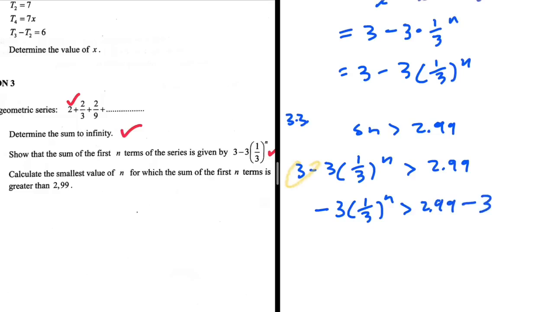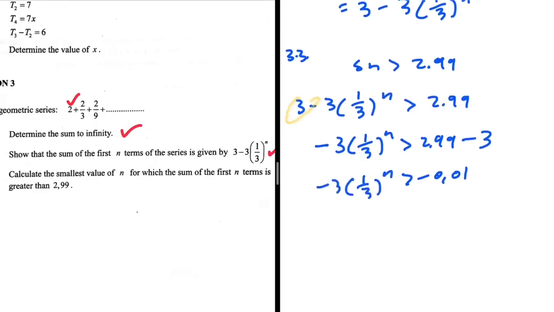So let me put that in my calculator. 2.99 minus 3, that is, well, load shedding, so I can't really see, minus 0.01, so greater than minus 0.01, so minus 3 multiplied by 1 over 3 to the power n.